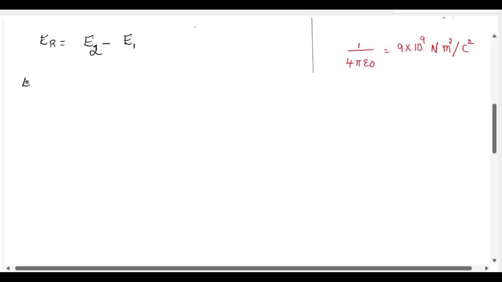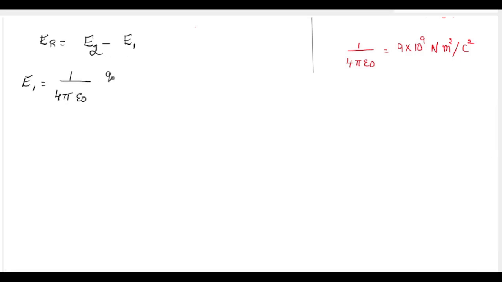We know that E1 equals 1 by 4 pi epsilon naught Q1 by R square. So 1 by 4 pi epsilon naught is 9 into 10 to the power of 9 and Q1 is 4 nanocoulomb, that is 4 into 10 to the power of minus 9, divided by R square, that is 0.1 the whole square.